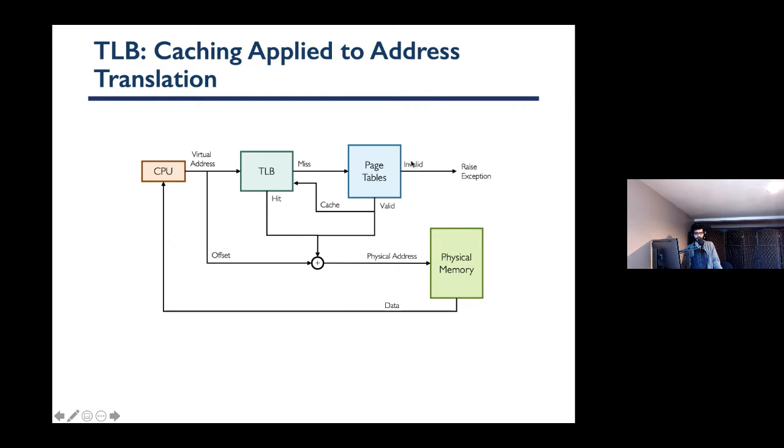And if it is invalid, then you raise an exception. At this point, the operating system should get involved, and depending on the access, the operating system has to decide whether to update the page table, as in the example of expanding the heap or expanding the stack, or maybe this is actually a bad access and you have to terminate the process and throw out an error.